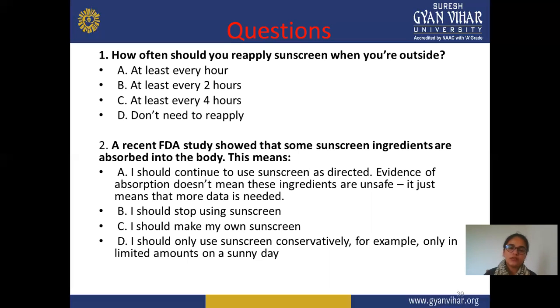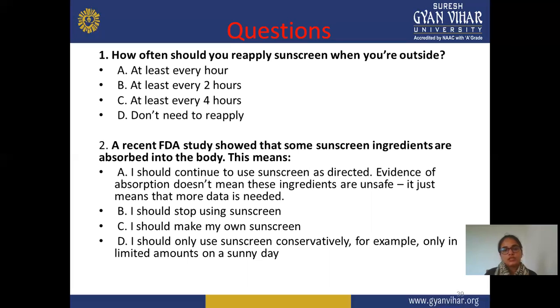Next, a recent FDA study shows that some sunscreen ingredients are absorbed into the body. That means your sunscreen should be FDA approved, and according to FDA we select and formulate the sunscreen. So according to this recent study, some ingredients are absorbed in your body. Which statement is correct out of these four options?